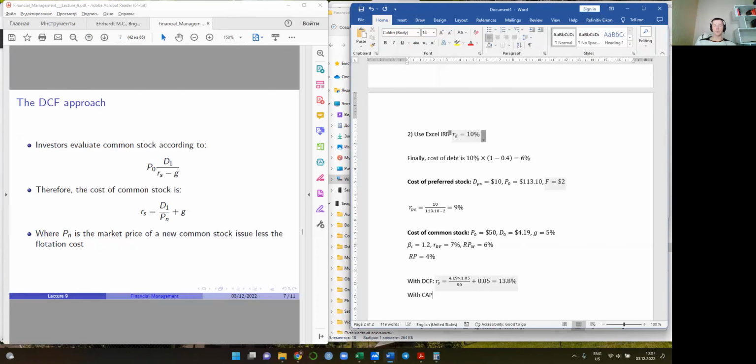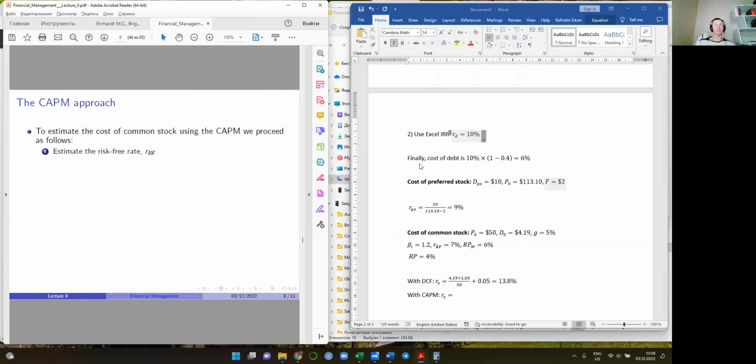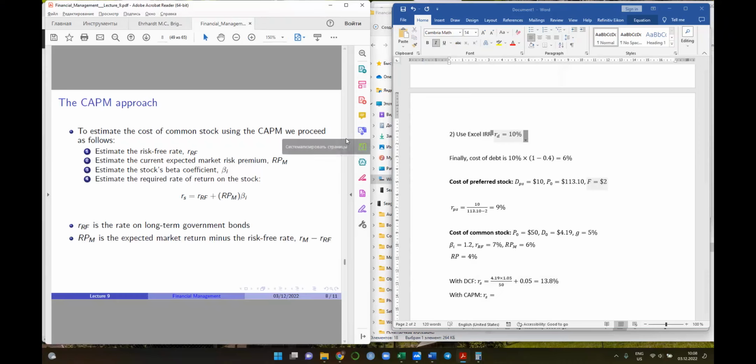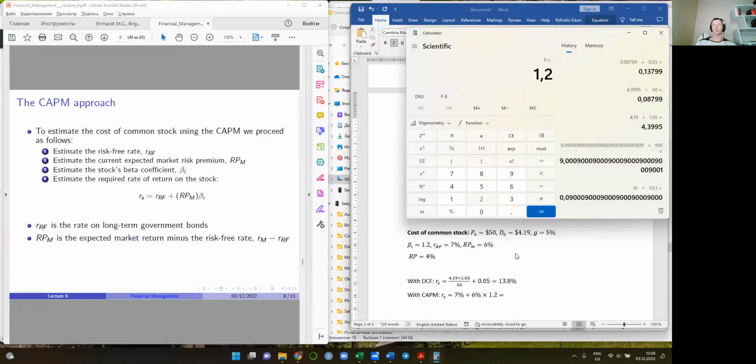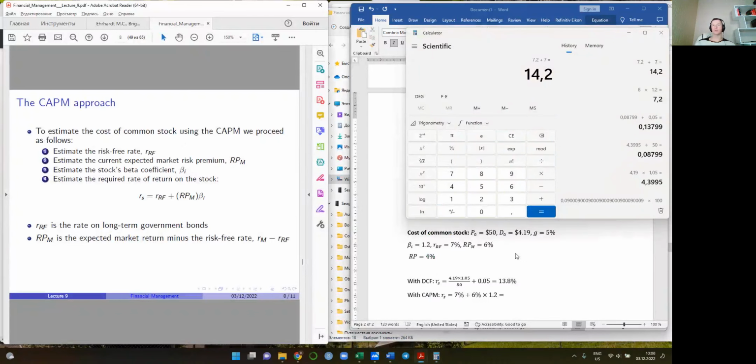Now with CAPM. The required return on equity is RF, which is 7%, plus the risk premium 6%, multiplied by beta, which is 1.2. So 6 times 1.2 plus 7, so it's 14.2%.